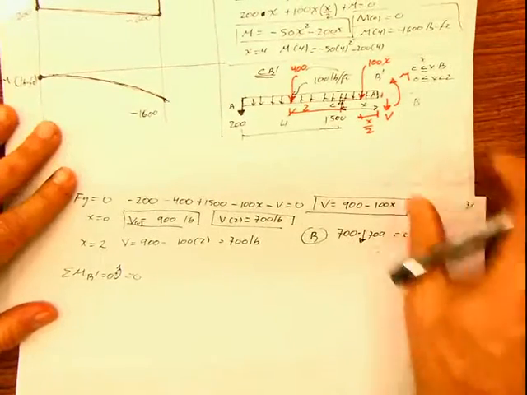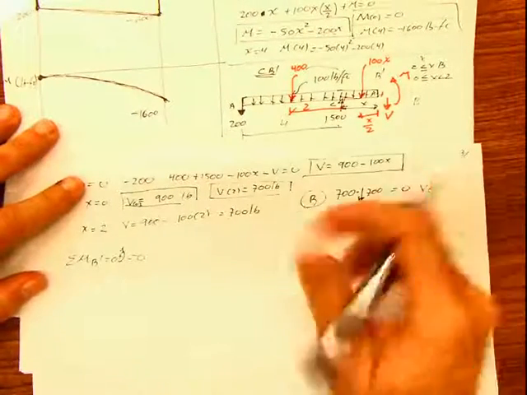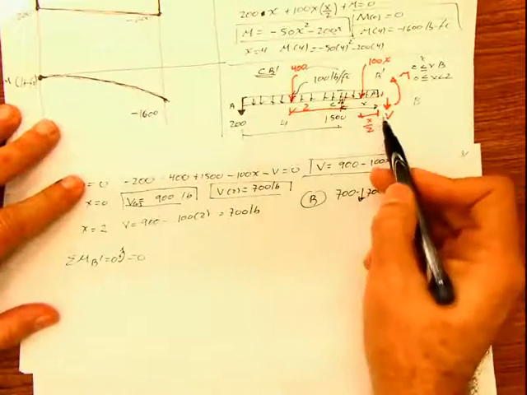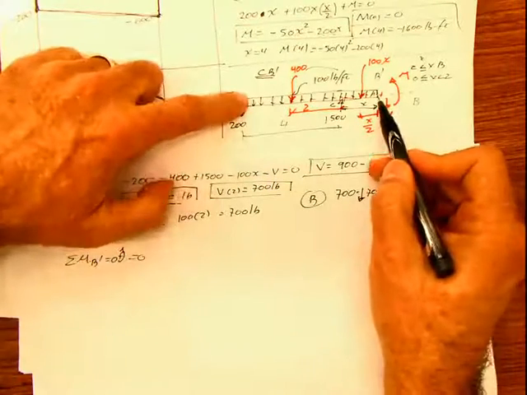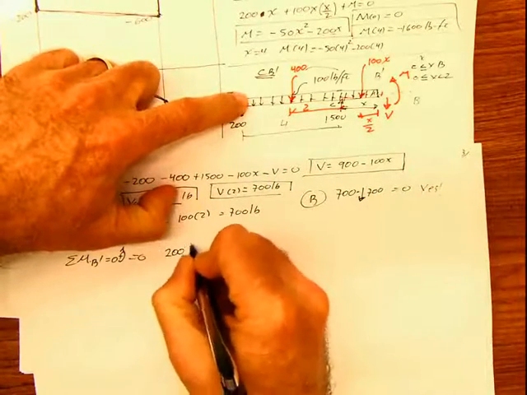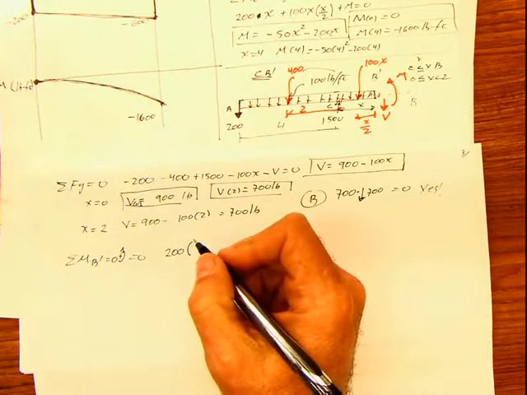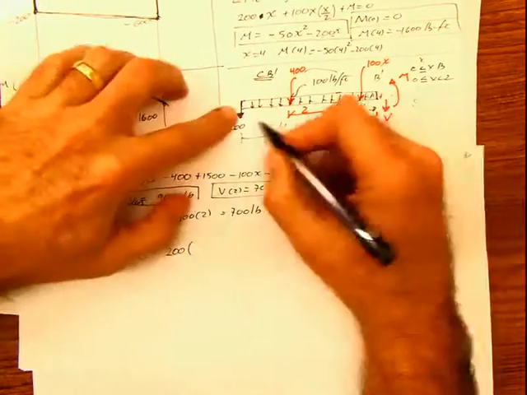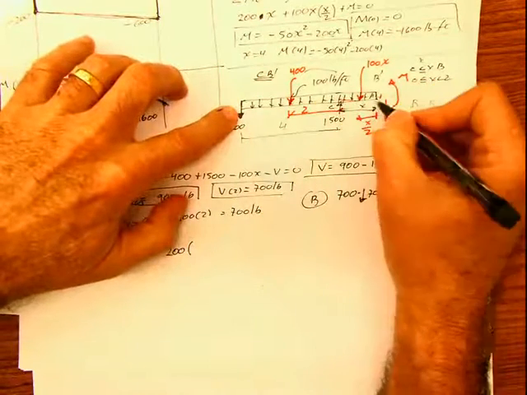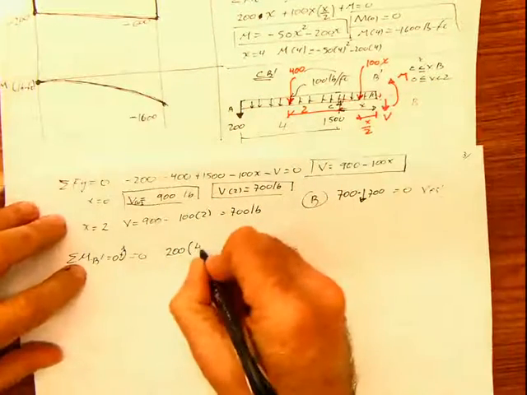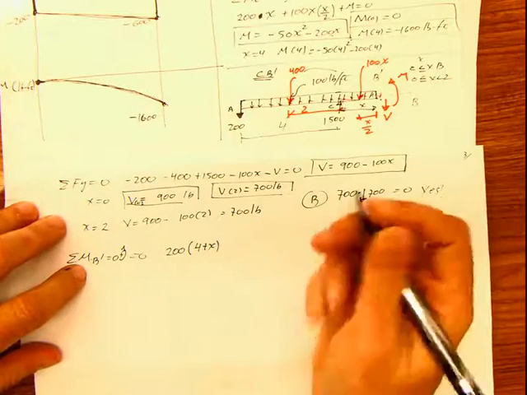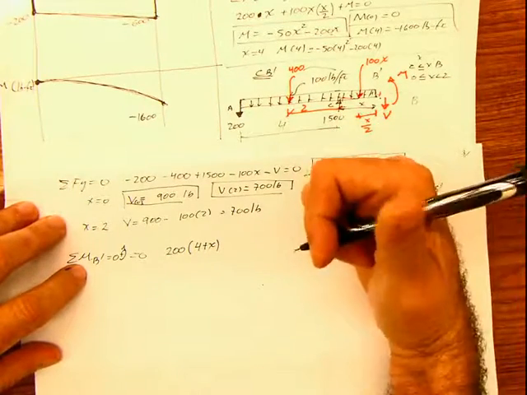So then we said 200 times the distance from here to here, and that distance is 4 plus x. And it's positive because it's rotating in this direction.